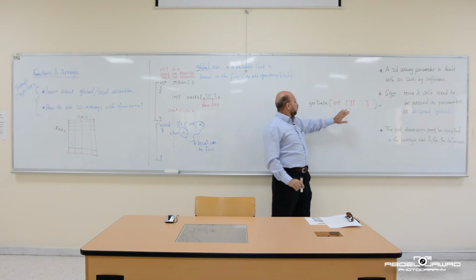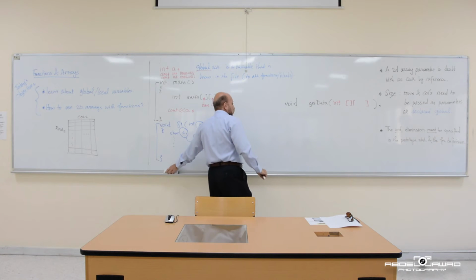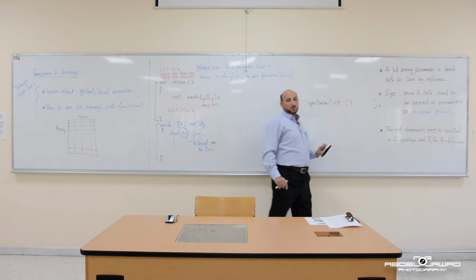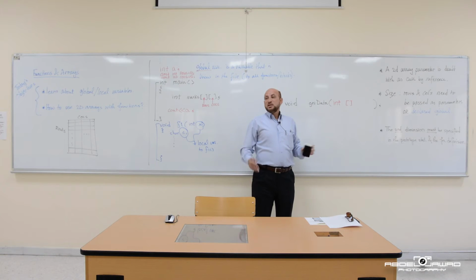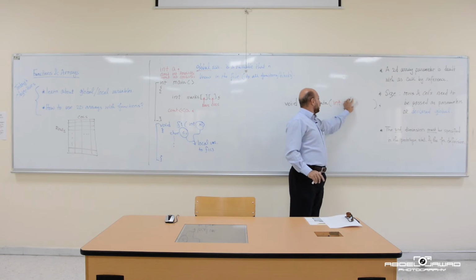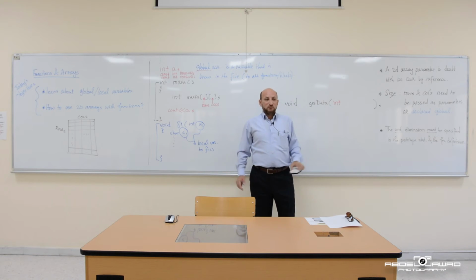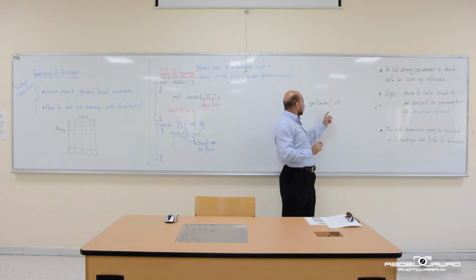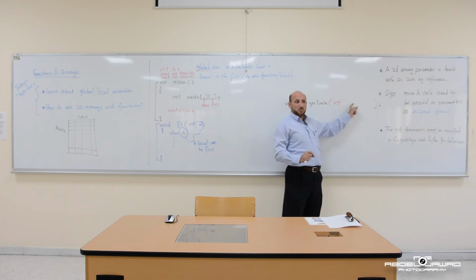Other type. What would happen if I only type one subscript notation? This is a 1D array. And what would happen if I have none? A variable, a value. So from the prototype statement, as we learned before, we can tell what type of parameter we have.